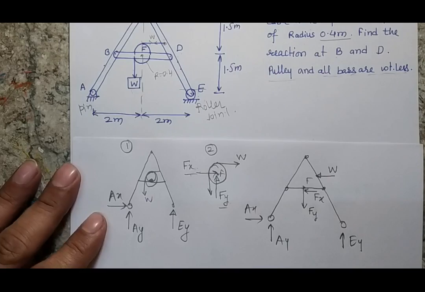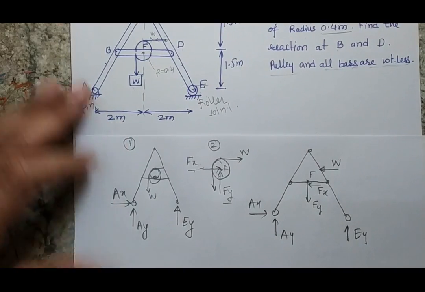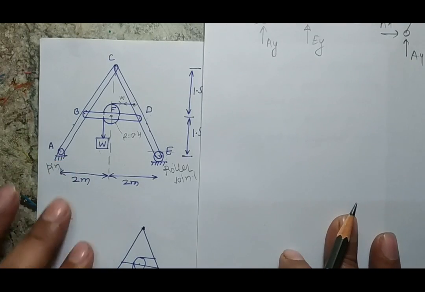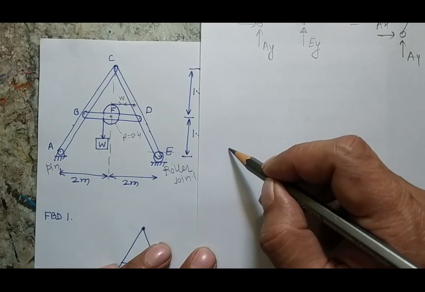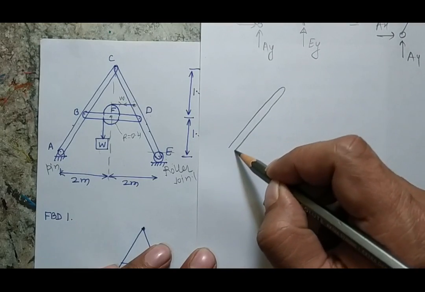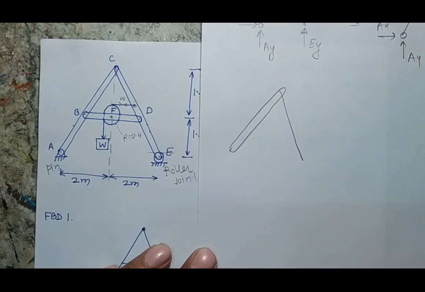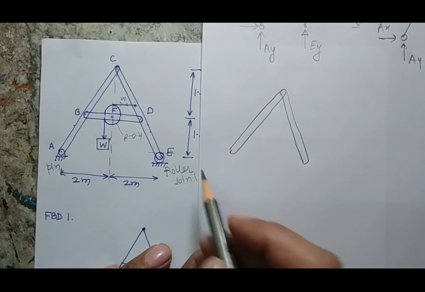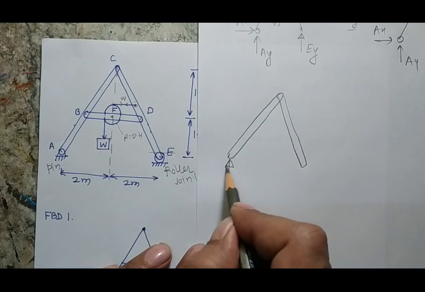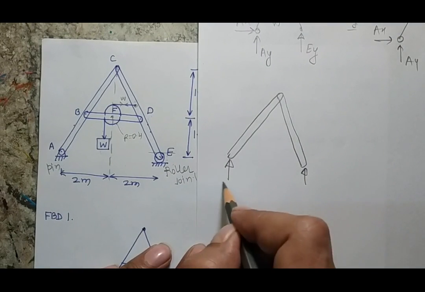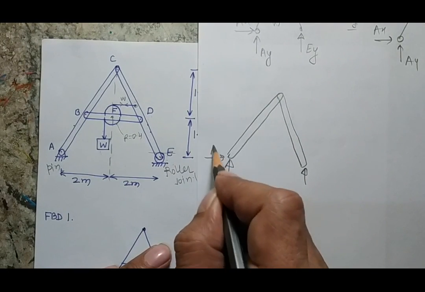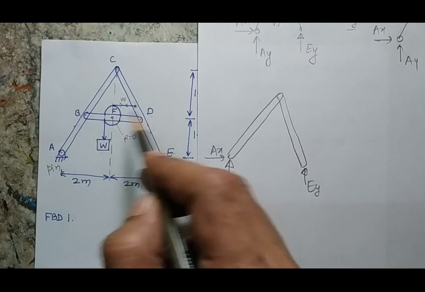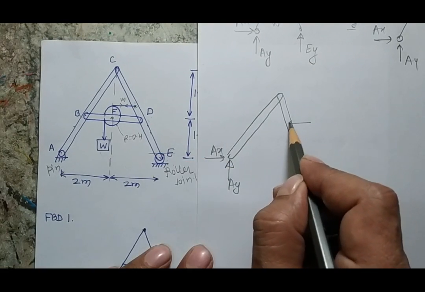Now suppose I want to make another free body diagram of this bar. One more free body diagram would be: I am just removing the bar BD. So these are my forces. This is AY, this is AX, this will be my EY. I have removed the bar BD, so one force W will be here.